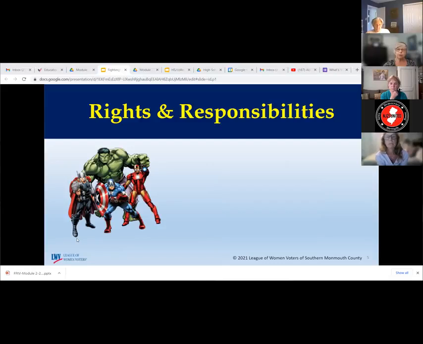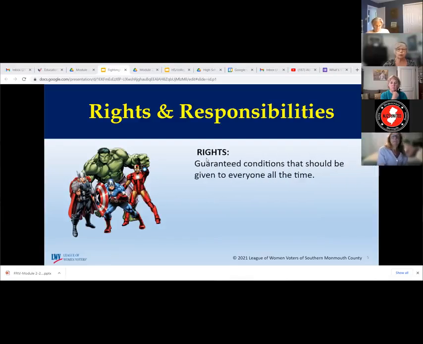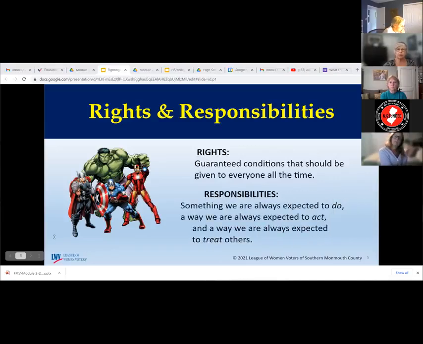This means that we have to recognize that every one of us has both rights and responsibilities. Rights are something that we are always given, regardless of anything else. And responsibilities are something we're always expected to do, a way we should act, a way we are expected to treat somebody else.